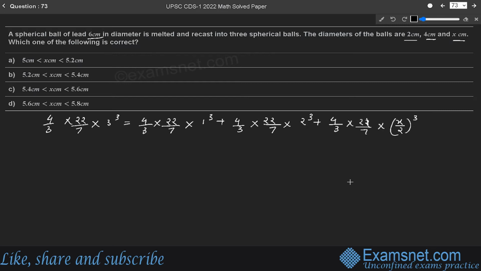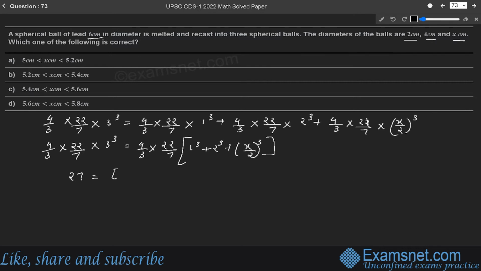So further solving this, it will be 4 by 3 into 22 by 7 into 3 cube is equal to 4 by 3 into 22 by 7 into (1 cube plus 2 cube plus (x by 2) cube). So it will be 27 is equal to 1 plus 8 plus x cube upon 8. Further solving, it will be 27 is equal to 72 plus x cube upon 8.